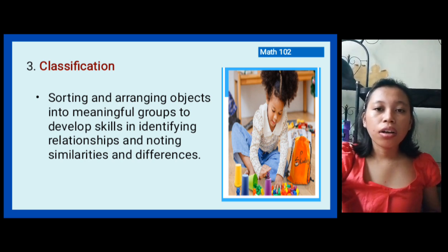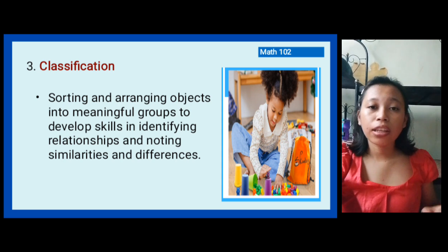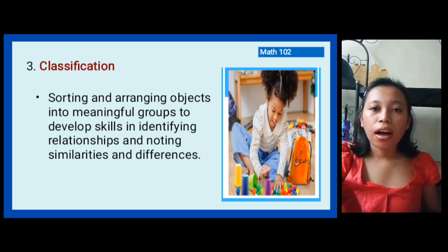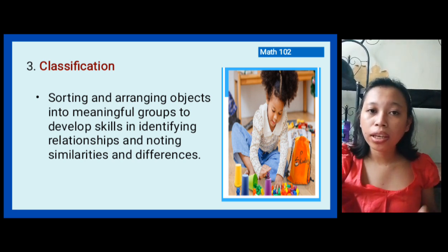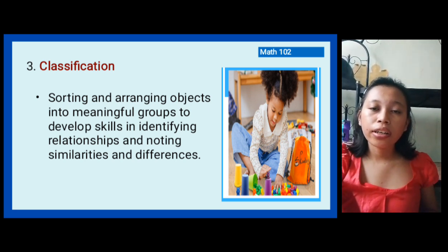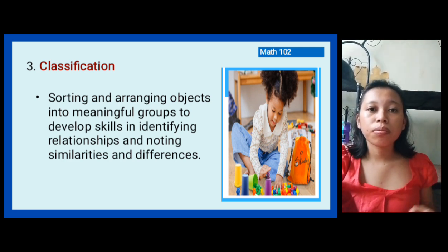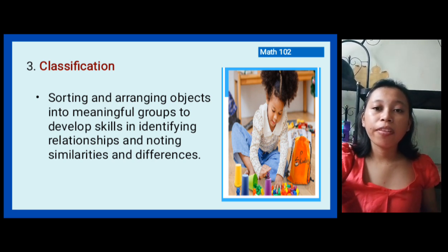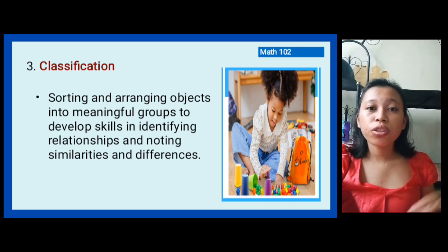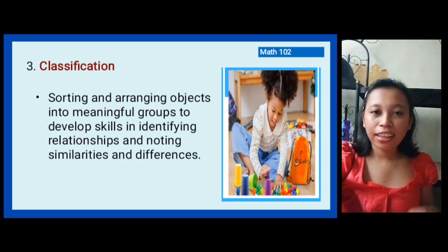Example, students collect different types of leaves during a nature walk, and then they classify the leaves based on shape, size, color, and whether they are smooth, and it helps them understand the diversity of plant life. That's classification. There's an arrangement, or you let them organize their observations or findings.